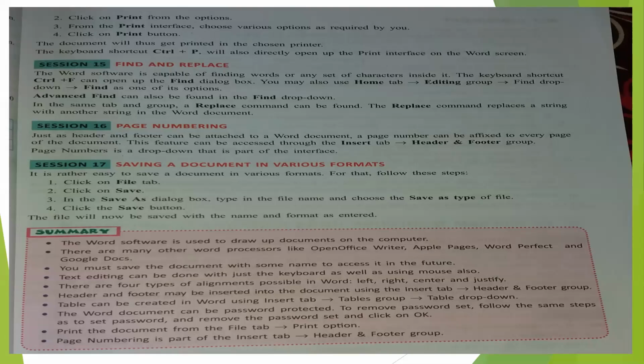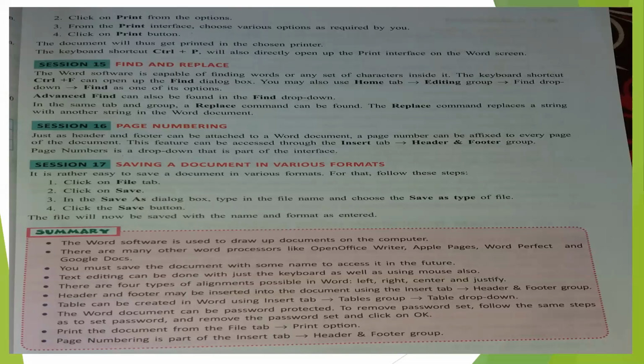Next is find and replace. It is a very important feature of your Word, because sometimes while writing we do something wrong. Maybe the spelling was wrong and it was not corrected by us even after seeing the red wavy lines. So what we can do, we can find a particular word, or if you want to delete a particular word from the whole text, then we will click on this Home tab only.